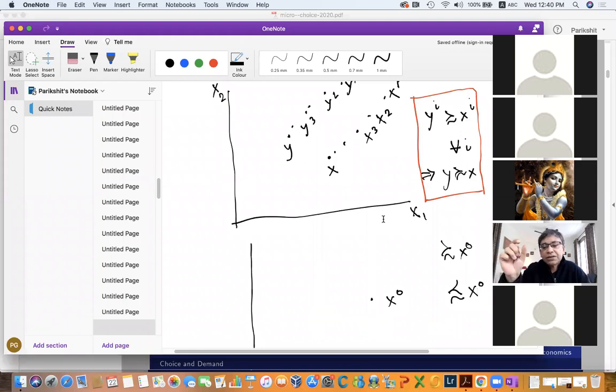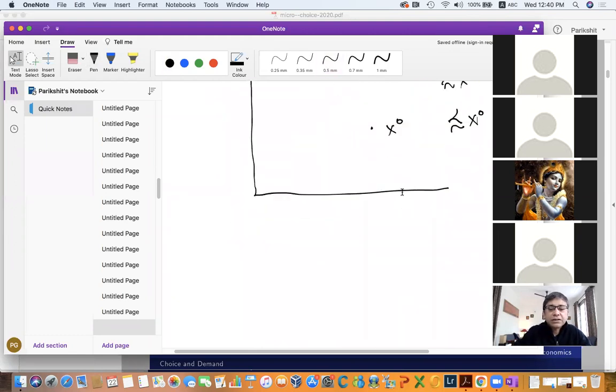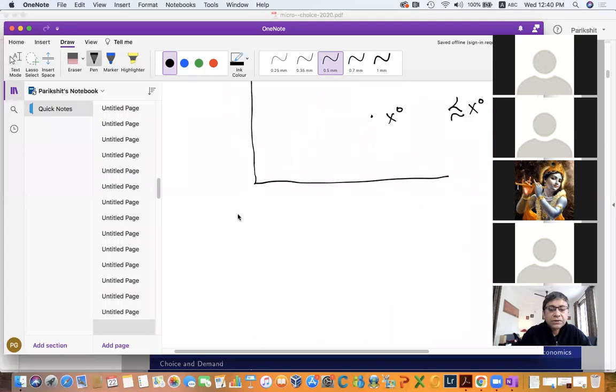So, not the distance between successive points, but the distance from the limit: xi minus x goes to 0 as i goes to infinity.